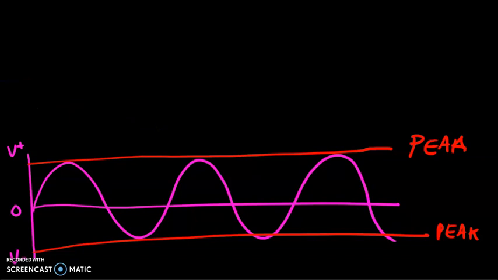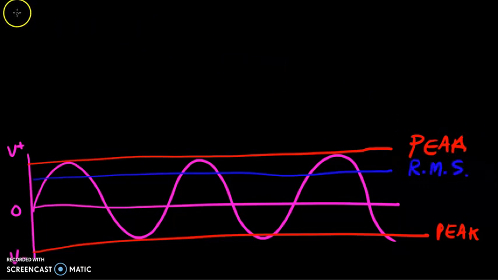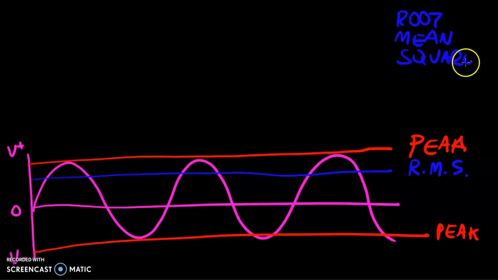Now that is not the voltage that you actually get out. When you look at your 230 volt supply that we might get from our wall socket, we will not get the peak voltage. That's not what we use when we're calculating how much current flows. What we use is something called RMS, which stands for root mean square, which is a mathematical way of getting something close to an average.